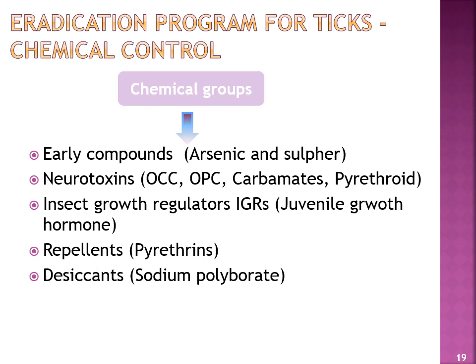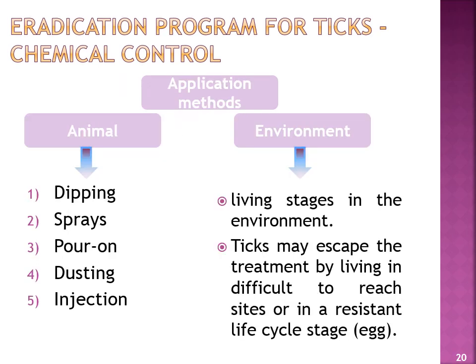Also belonging to the neurotoxins group, there are organophosphate compounds, which are used frequently now, such as diazinon and malathion, and carbamates. Another chemical group includes the insect growth regulators, such as the juvenile growth hormone, and repellents such as pyrethrin.